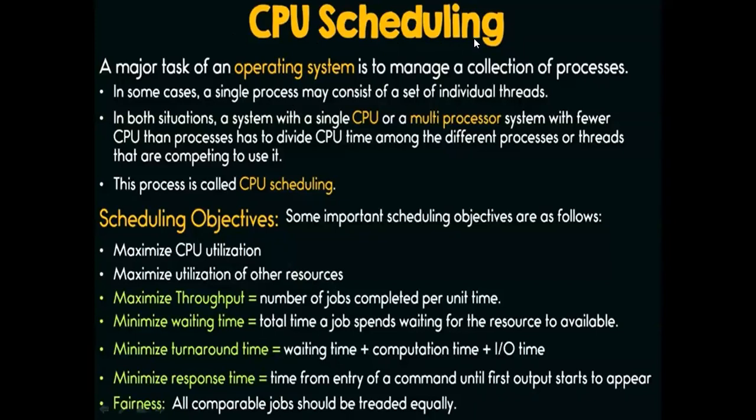Next, we'll see about CPU scheduling. The major task of an operating system is to manage a collection of processes. In some cases, a single process may consist of a set of individual threads.